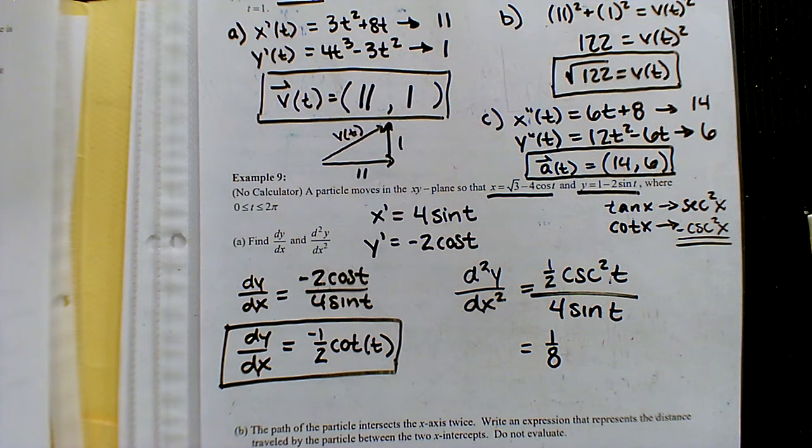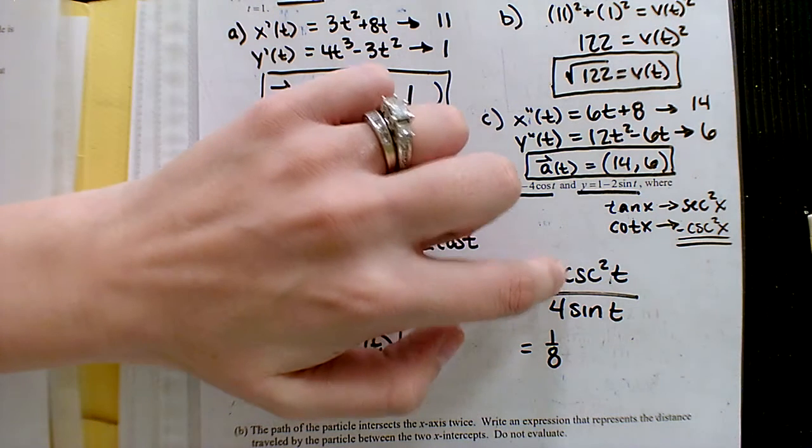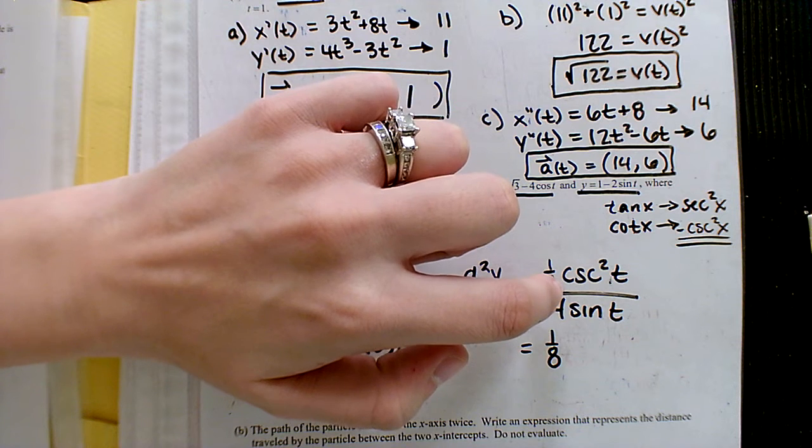And then what about cosecant squared over sine? First of all, do we know what cosecant is? Can we rewrite that somehow?